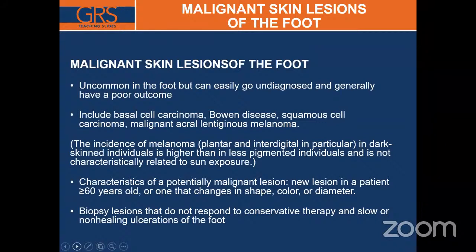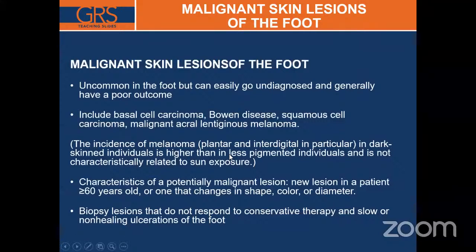Then there come malignant skin lesions of the foot. They are uncommon in the foot, but can easily go undiagnosed and generally have a poor outcome. They include basal cell carcinoma, Bowen disease, squamous cell carcinoma, and malignant acral lentiginous melanoma. The incidence of melanoma that is plantar interdigital is particular, and it is more common in darker skinned individuals as compared to white ones, but it is not characteristically related to sun exposure.